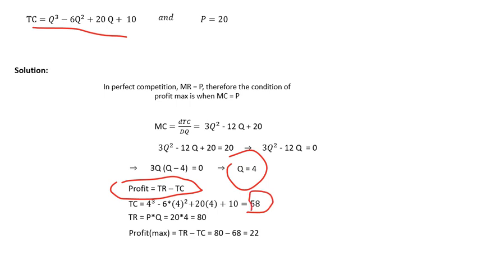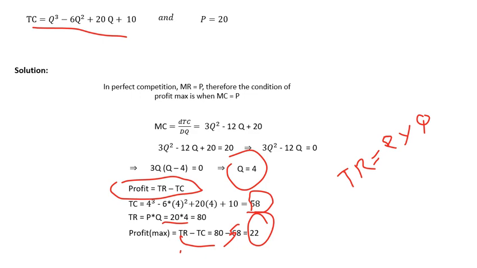Then we get the total revenue, which is price times quantity: 20 times 4, we get 80. So the maximum profit is 80 minus 58, which gives 22. The maximum profit that the firm can get in this case is 22.